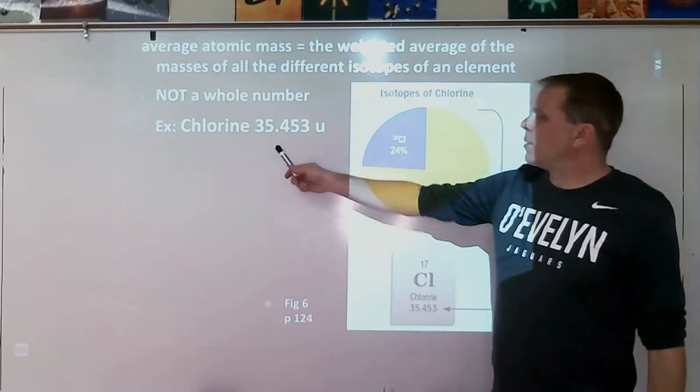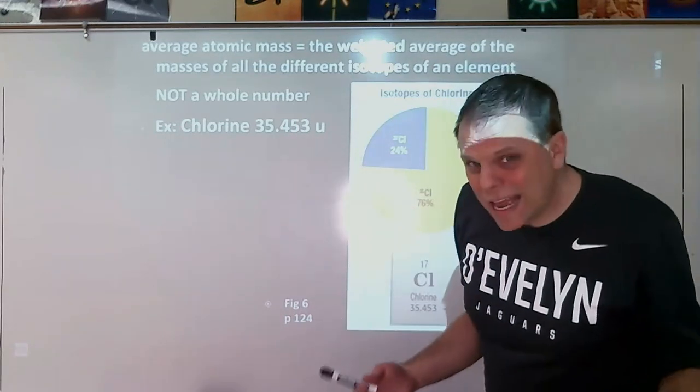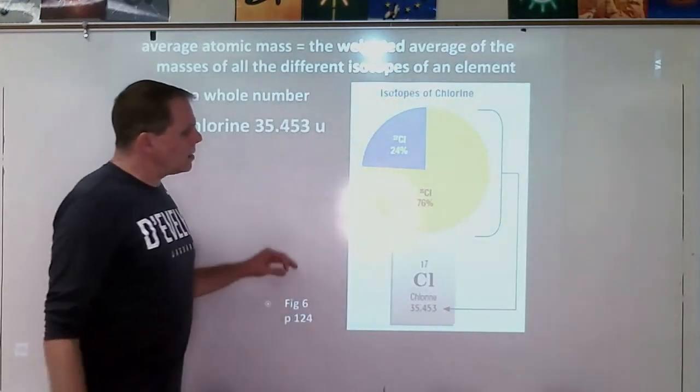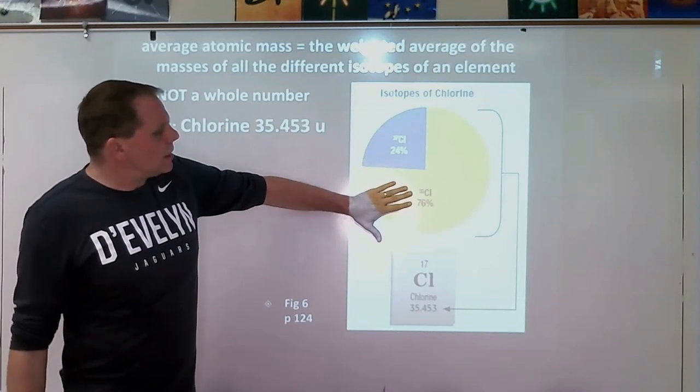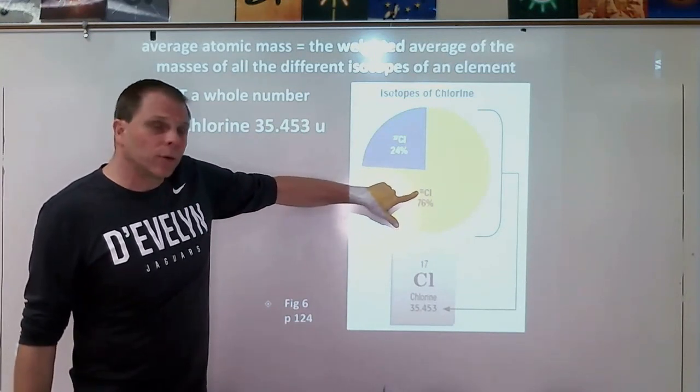So if I have chlorine, for instance, 24% of the chlorine that we find in nature is chlorine-37, and 76% of the chlorine that we find in nature is chlorine-35.